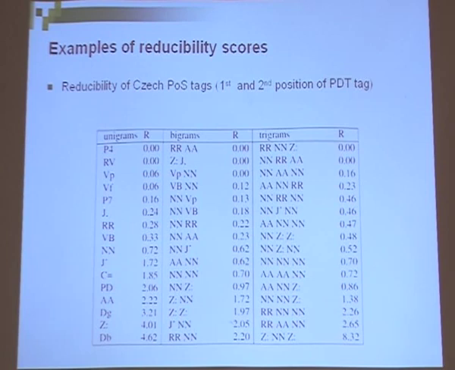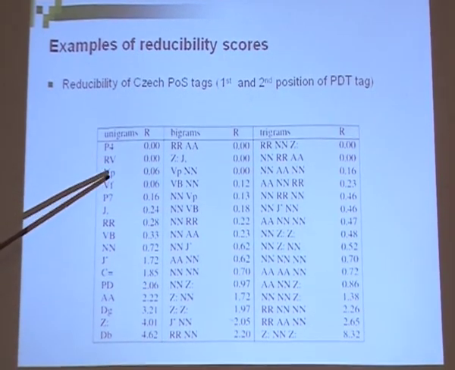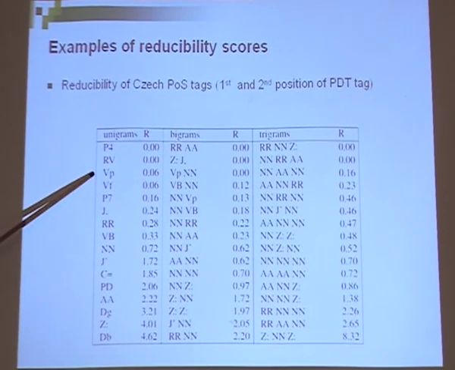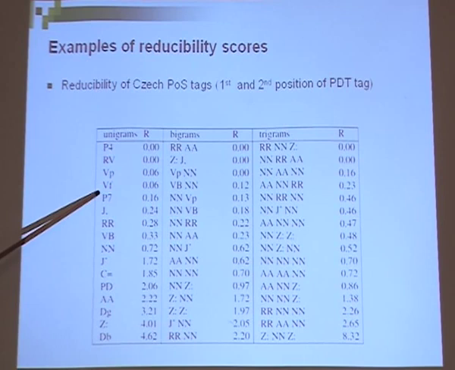If you see the unigrams, you can see that the highest reducibility has the adverb, then the punctuation, adjective, and pronoun. Whereas very low reducibility has preposition, verb in the past tense, verb infinitive, maybe.